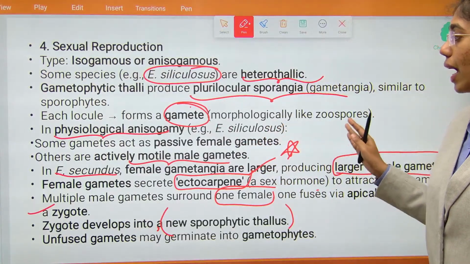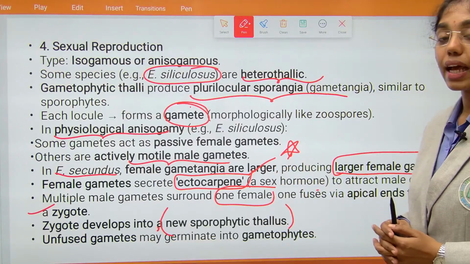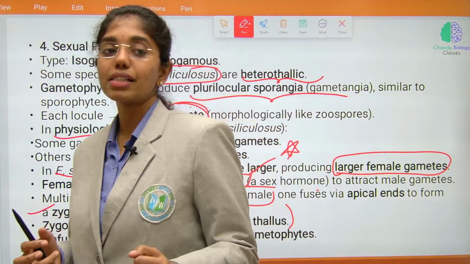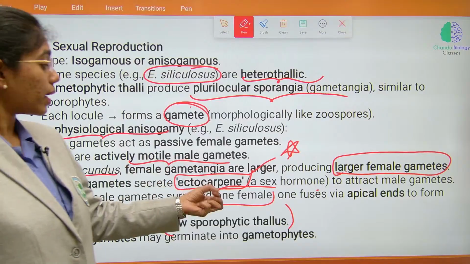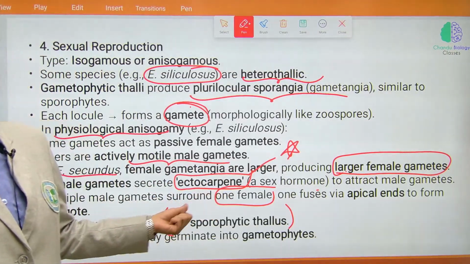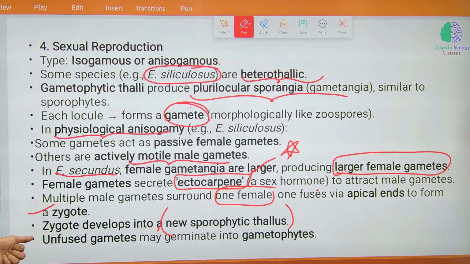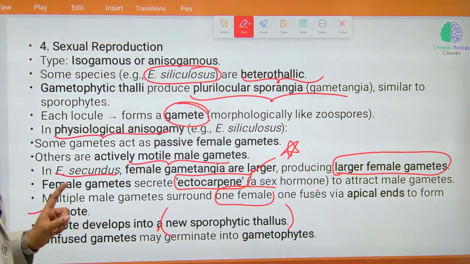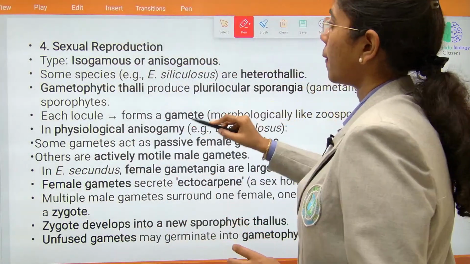For example, you see Ectocarpus, where the female is larger than the male and produces a hormone called ectocarpin. Ectocarpin attracts the male gametes, and after fusion, a zygote is formed, which develops into a sporophytic thallus. The unfused male and female gametes will germinate into new gametophytic structures. Here it is clear, right?